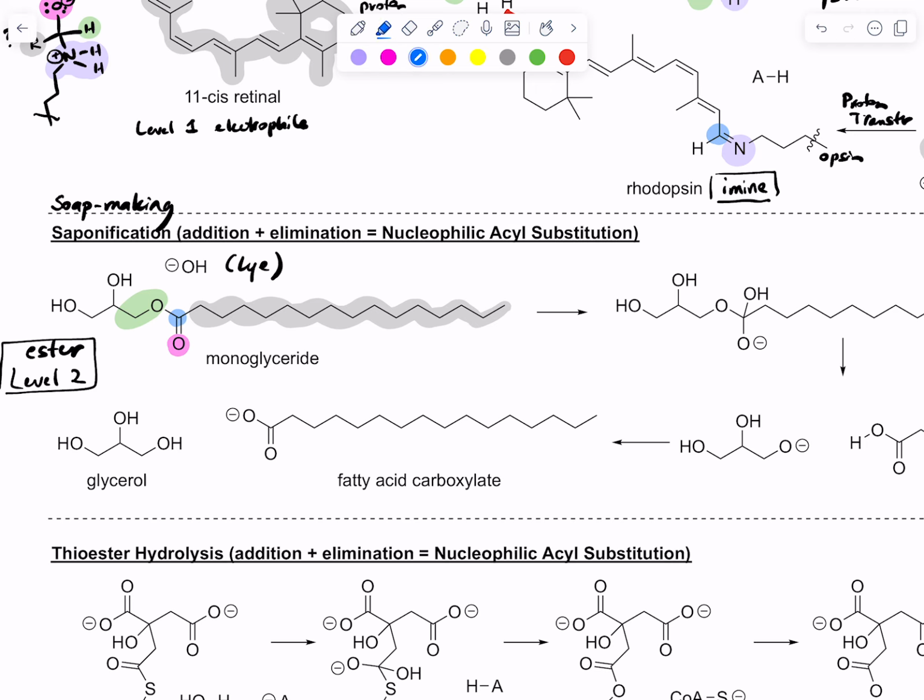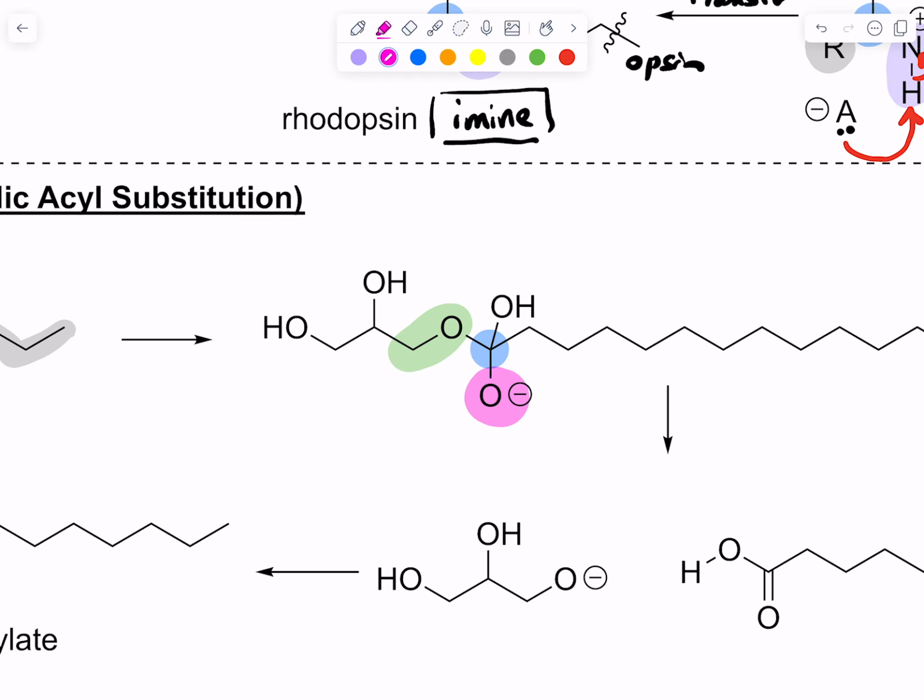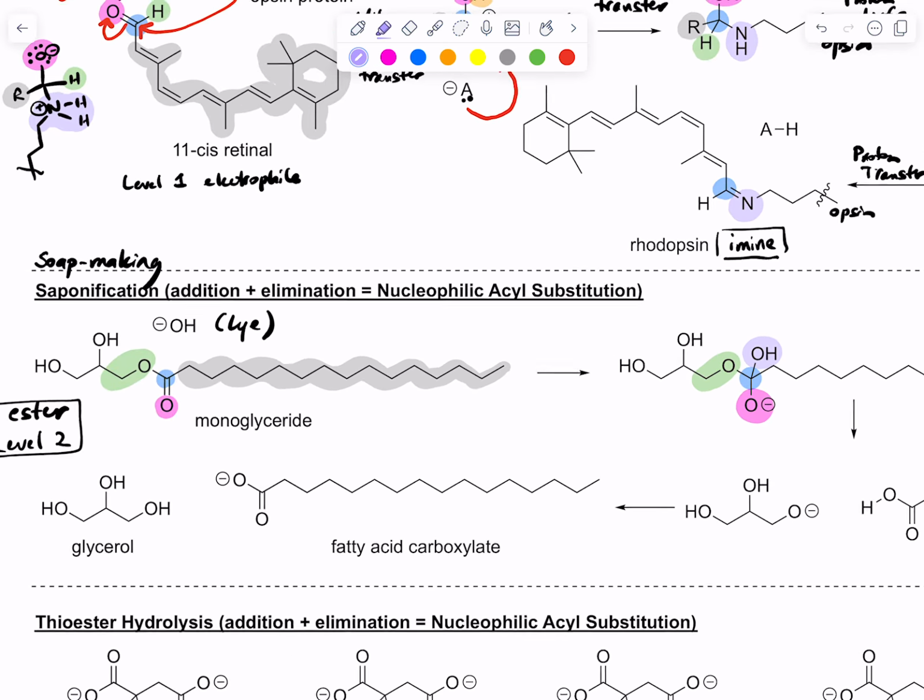It's right here. Find the OR leaving group. Find what used to be the carbonyl oxygen. And then find what else has changed. What do you notice there? What else is bonded to the carbonyl carbon? Yeah, that OH. Where do you think that came from?